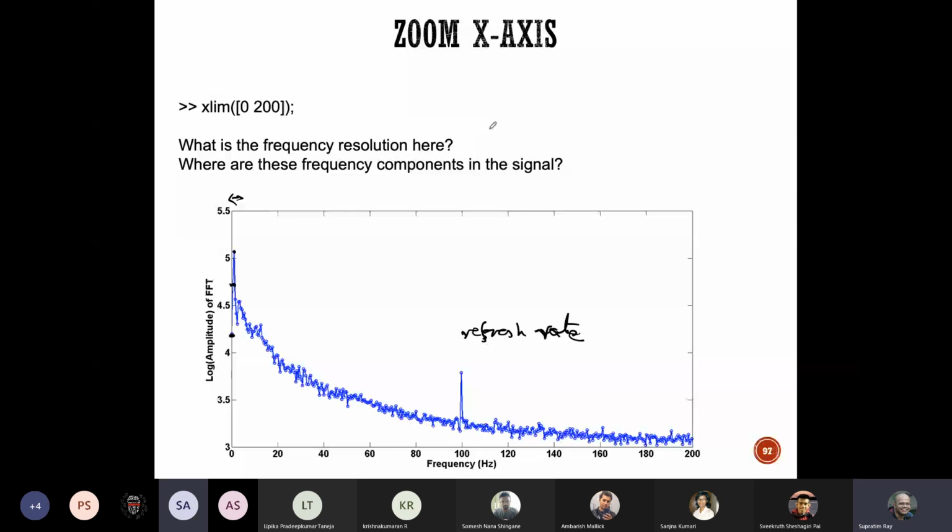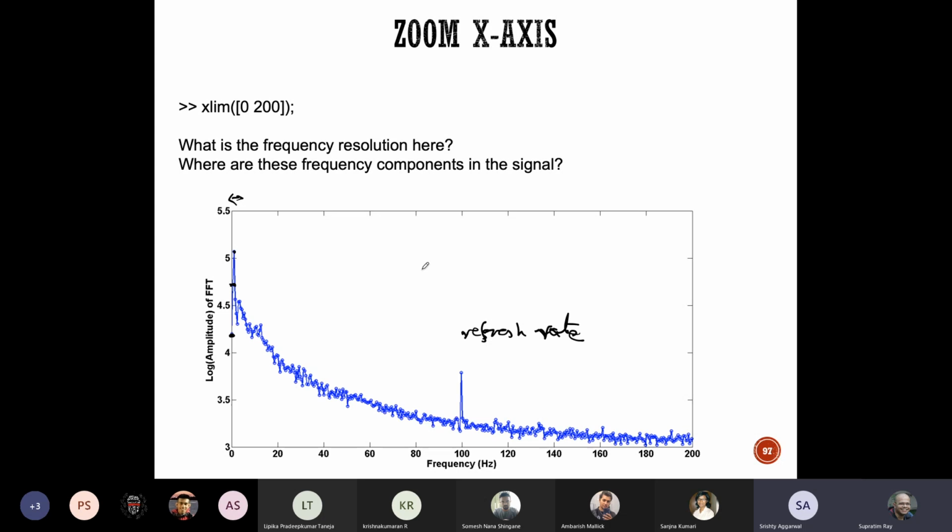The number of points, the total number of points, 4096 samples, and the total frequency range spanned. So then what's the frequency resolution?